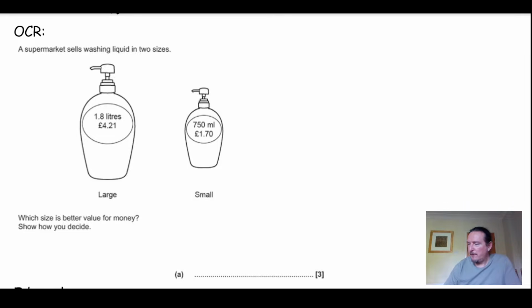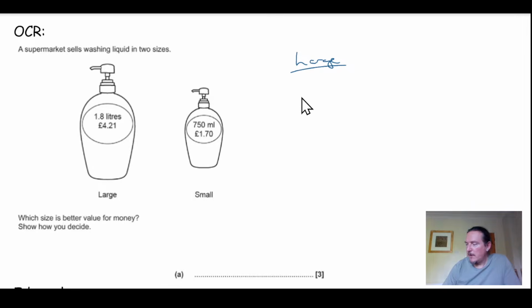Right, so let's have a look at the large one here then. If I wanted to work out how much a litre of this is going to cost, we know that 1.8 litres is £4.21. So to get a litre's worth, you just need to divide through by 1.8, don't we?